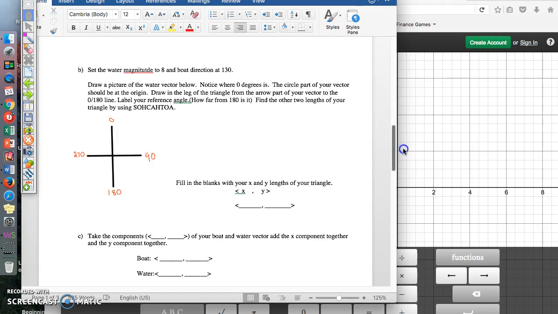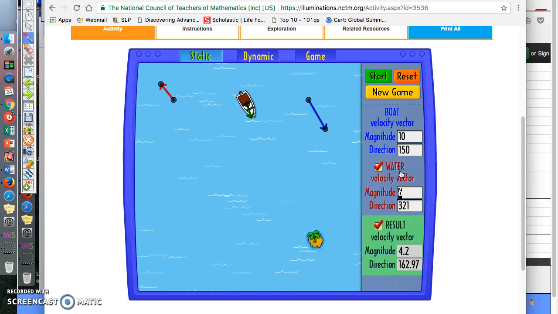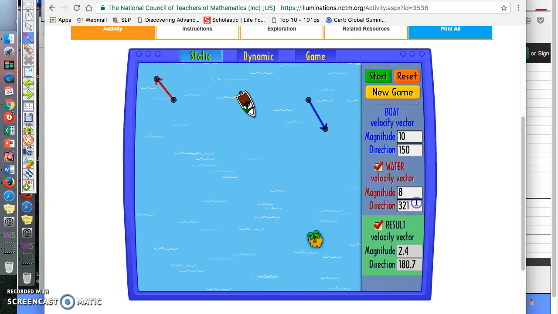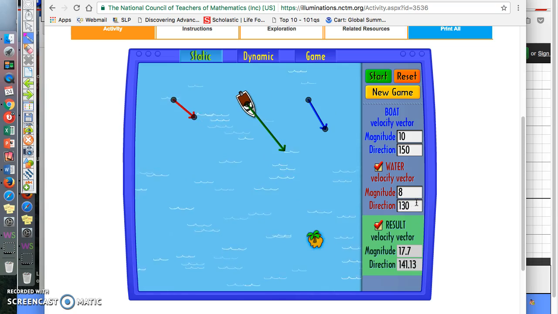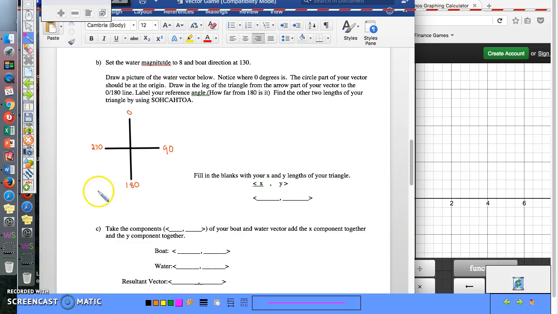Okay, the next part here says set the water magnitude to 8 and boat direction to 130. 8, 130. Okay, done. And then we'll draw on the same thing here. So 130. Let's see if we draw that in. If that's 130, this is 50 degrees, so it's kind of turned on its side here.